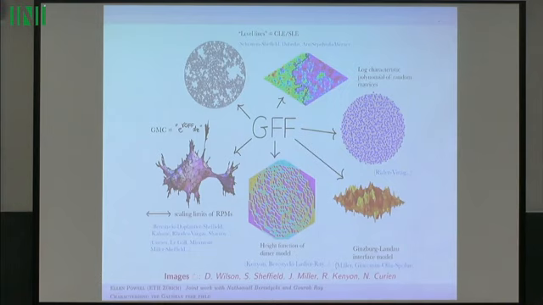So we've already seen this morning the connection between the Gaussian free field and SLE curves and conformal loop ensembles. There's a connection between the Gaussian free field and random matrix theory through the characteristic polynomials of the matrices. We see it arising as a scaling limit of random height functions, so the height function in the dimer model, or the interface in the Ginzburg-Landau model.